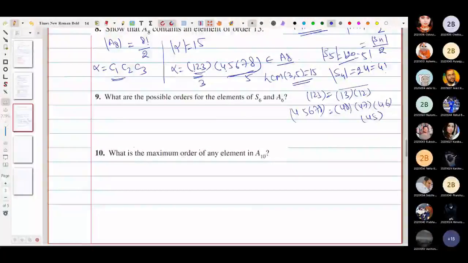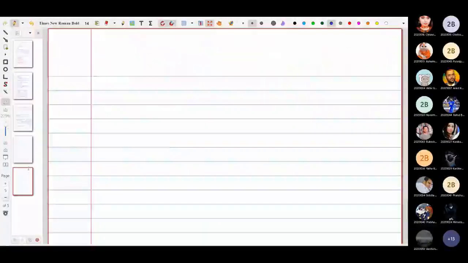Question number 9 says: what are the possible orders for elements in S6 and A6? I think we need to go to the next page, so that I can start fresh.